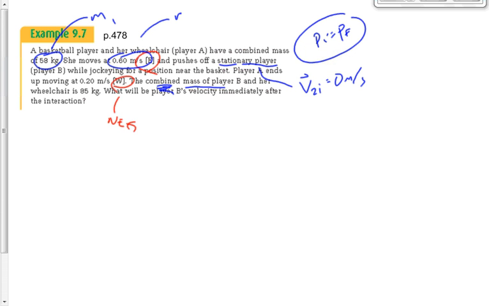That means that this is going to be M1, this is going to be V1 initial, V2 initial is 0. What do we got here? Player A ends up moving. Okay, be careful, you get the right player. Player A ends up moving at 0.2. That's going to be V1F.